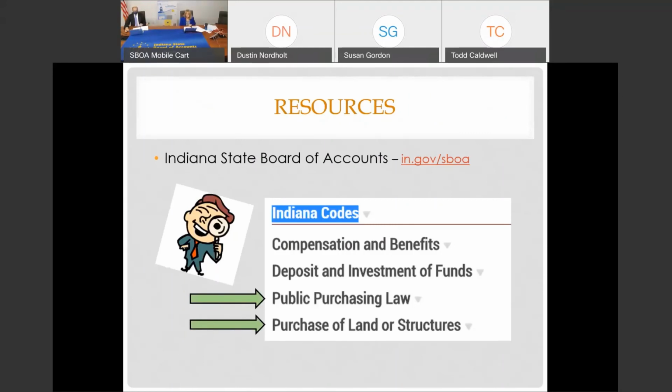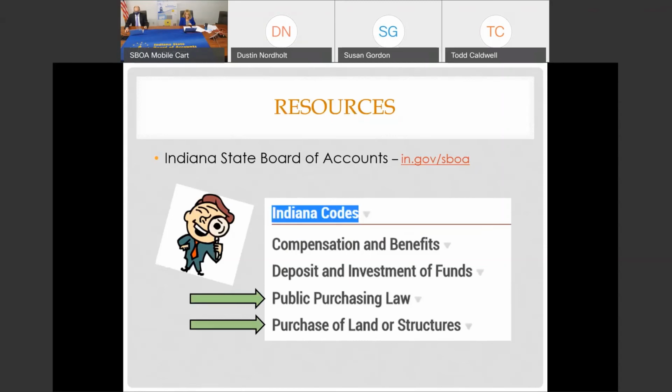So on the disposal of personal property, I guess I had something out of order here. Okay, so we have some resources available on our website for you. If you go to the cities or the towns page and you go under the section called Indiana Codes and click on that triangle, you'll see a whole list of subjects there that will have the statutes and a general explanation, and then the general rules and the more specific rules and exceptions.